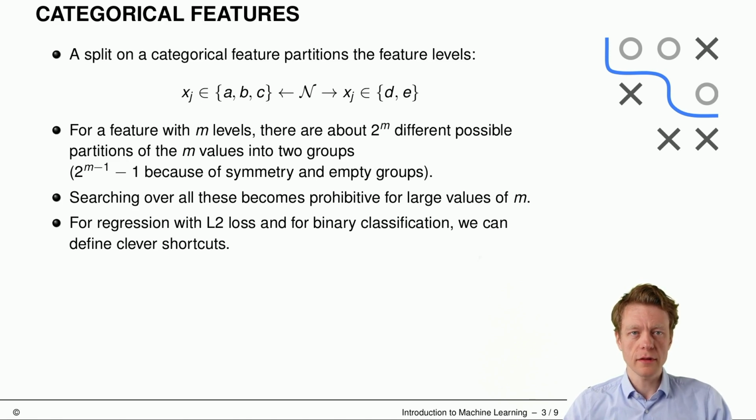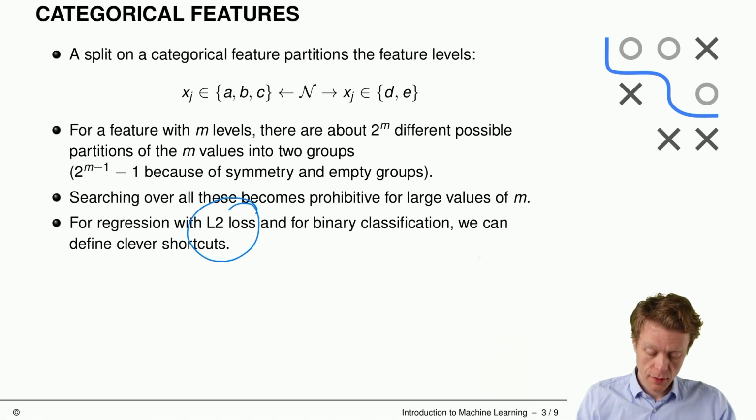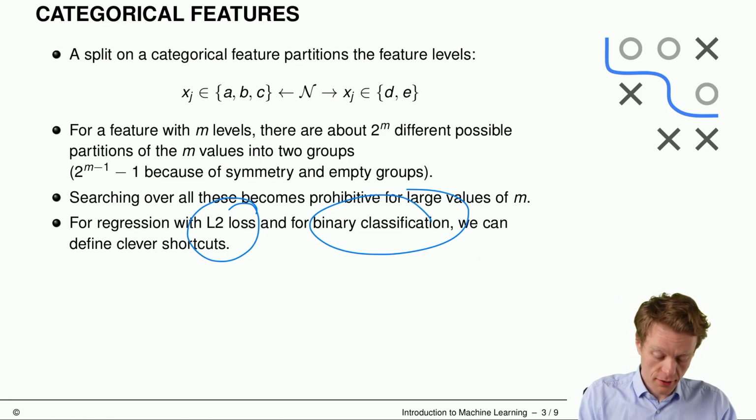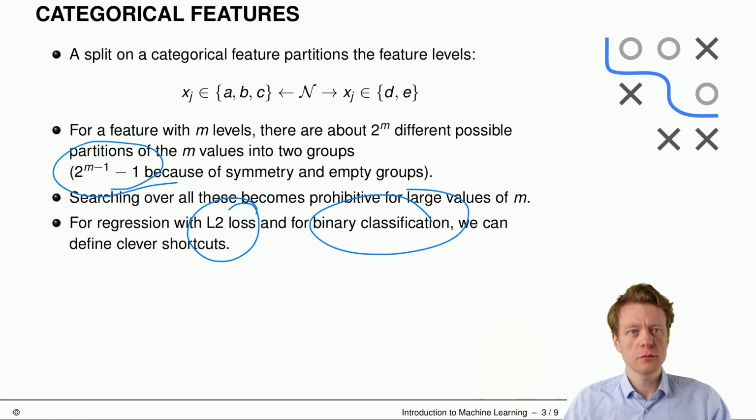The exact number is a little bit different, but the basic problem is that the number of splits grows exponentially with the number of categories of the feature. But for regression with L2 loss and for binary classification, we can do some clever shortcuts to not have to try out all the 2 to the power of m minus 1 possible split points.